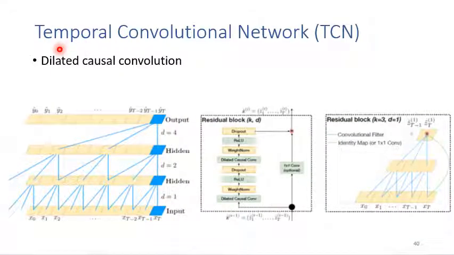Here is the architecture of the temporal convolutional network, TCN. It's actually multi-layer 1D convolution with a residual block. So the architecture looks like this: multi-layer 1D convolution with a skip connection. Multi-layer 1D convolution can consider information from a longer sequence.